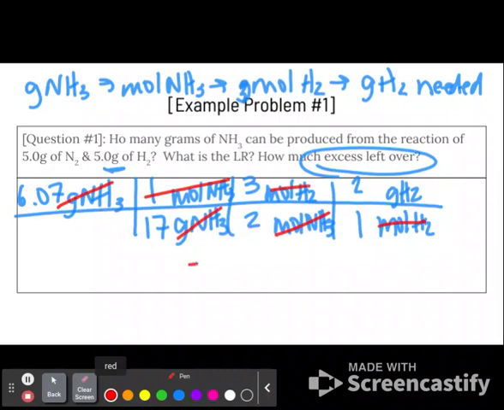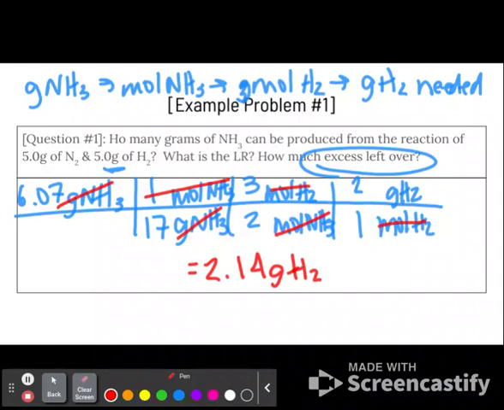And we're going to start doing some math here: 6.07 times 3 times 2, divided by 17. So we needed 2.14 grams of H2 to form our 6.07 grams of NH3.